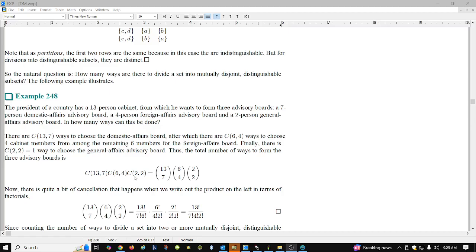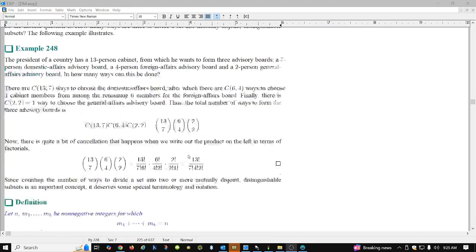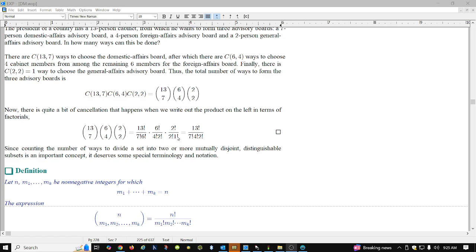And finally, from the remaining 2, we have to pick both of them for the general advisory board. And so it's the product of these binomial coefficients. Now, when you write them out as factorials, there's a lot of cancellation. You get a very nice looking formula, 13 factorial divided by 7 factorial times 4 factorial times 2 factorial.